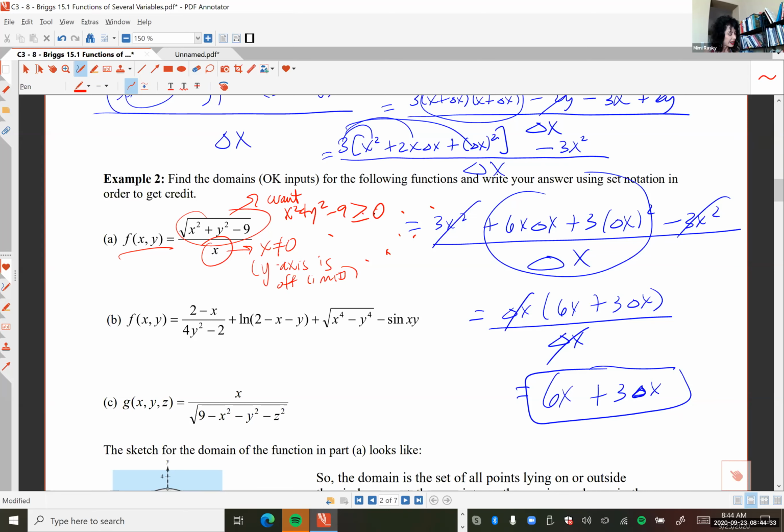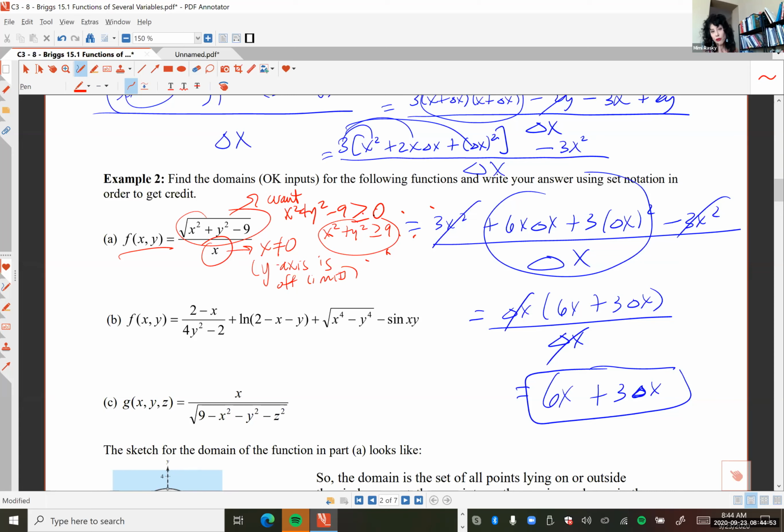You can leave it like that, but a lot of times it's nice to rearrange this inequality. I'm going to add 9 to both sides, and they're basically saying x squared plus y squared greater than or equal to 9.